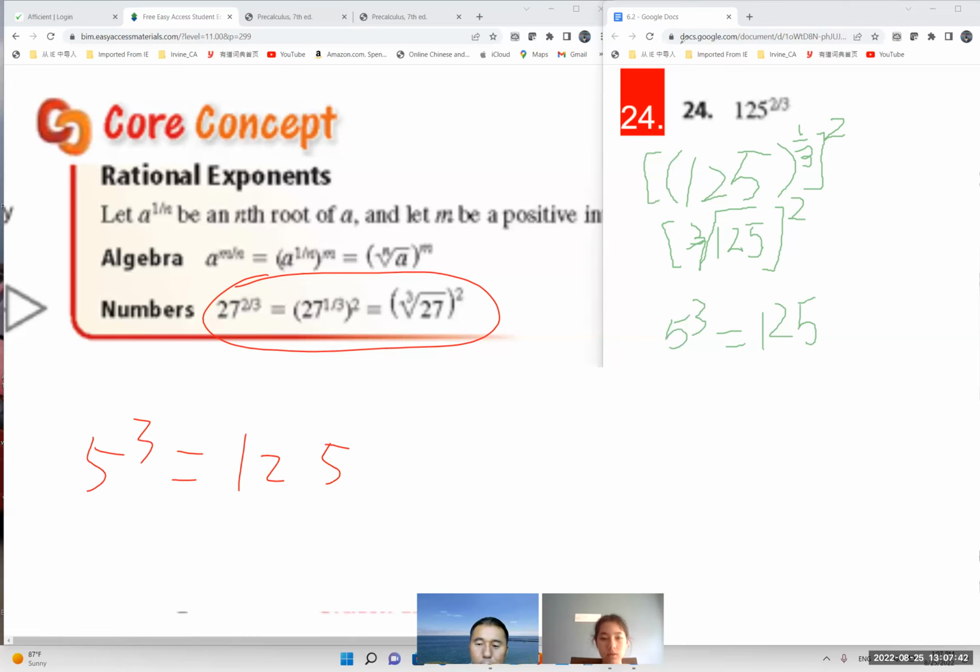Yeah. Then what's the value of this? 5. Yeah. That would be 5 squared, 5 square.